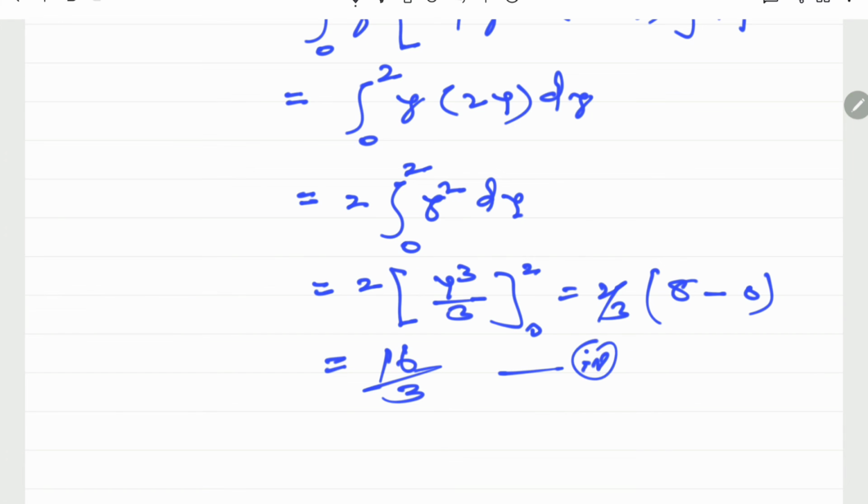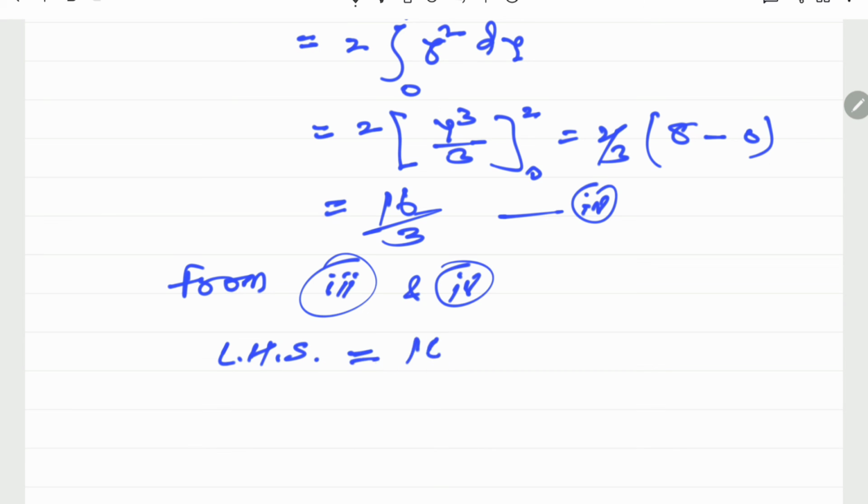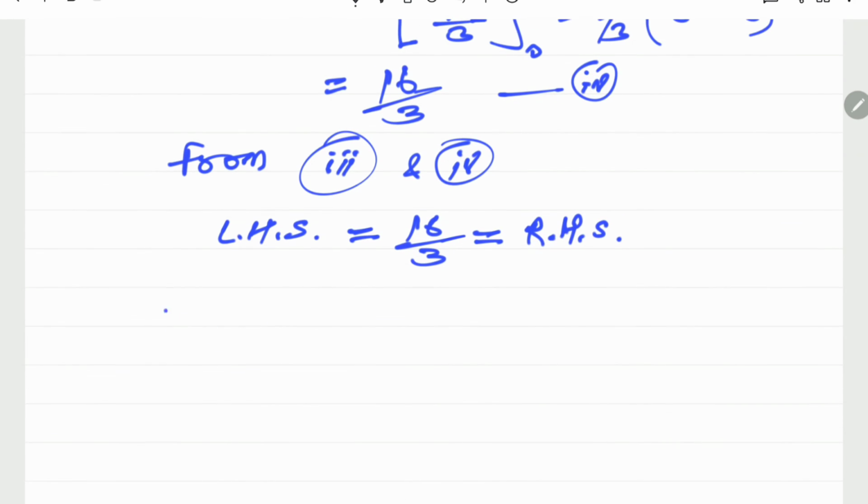We call this equation number 4. And therefore from equation 3 and equation 4, the value of LHS and the value of RHS are equal to 16 by 3. Same values for both left hand side as well as right hand side means Green's theorem is verified. Hence Green's theorem is verified. The answer.